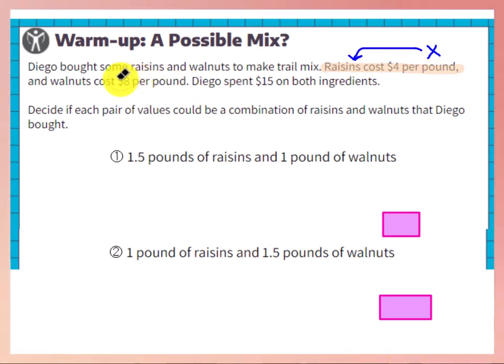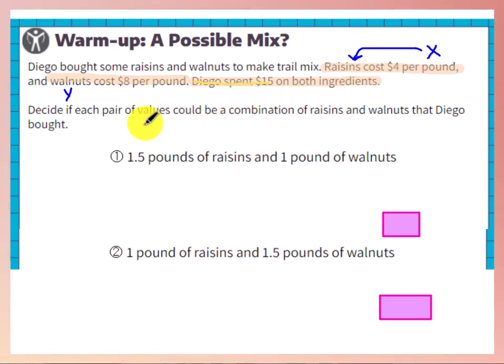And then it costs $8 per pound for walnuts. And I'll call that Y. The number of pounds of walnuts is going to be Y. And then we have a constraint. Diego spent exactly $15 on both ingredients.